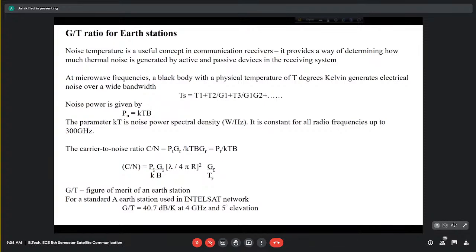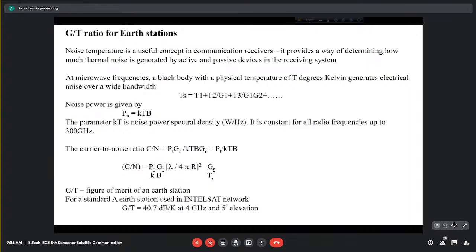So the quality of an earth station is usually specified with respect to some of the worst case figures. That means if it goes below this, then it is not acceptable, and if it is more than that, no problem. As you go to higher and higher elevation angles, the value of this G by T will also improve, because the additional noise component coming from the ray path being at a lower elevation angle and hence coupling more noise from the lower atmosphere gets reduced.